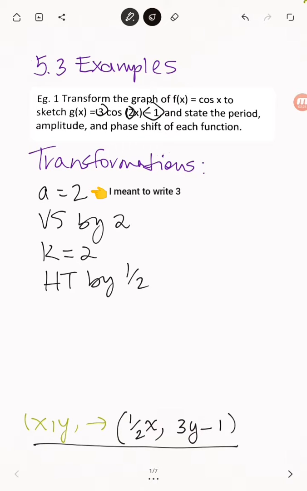The minus 1, that's our c value, and that tells us that there is a vertical translation. I'm not doing shift because I'm using s for stretch up here, so I'm doing vertical translation 1 unit down.